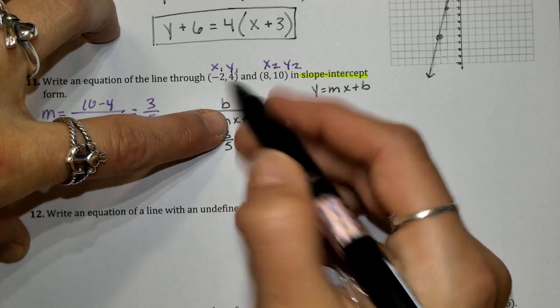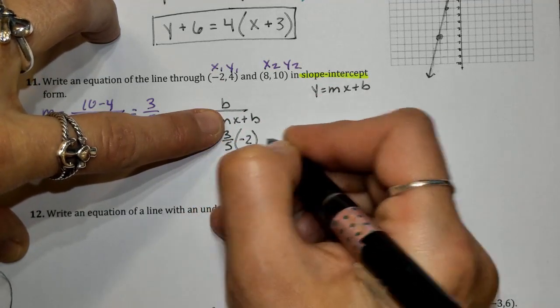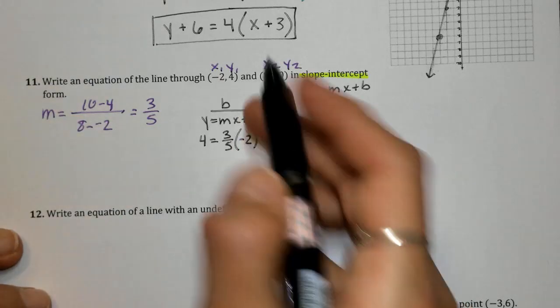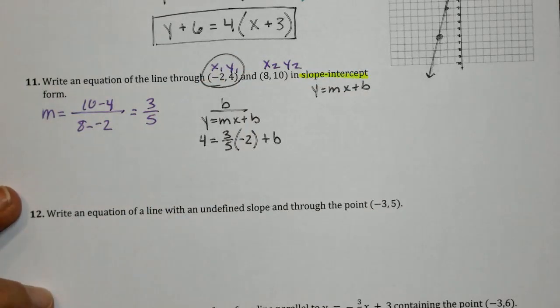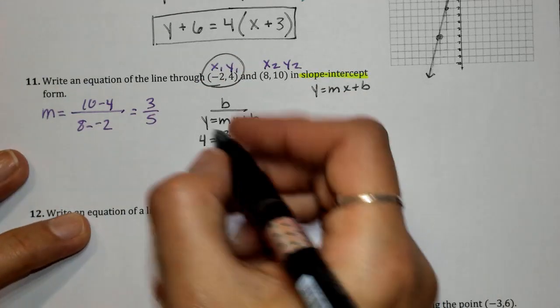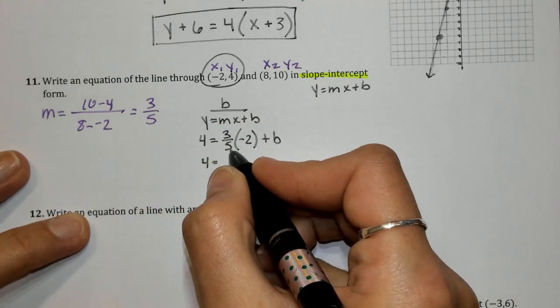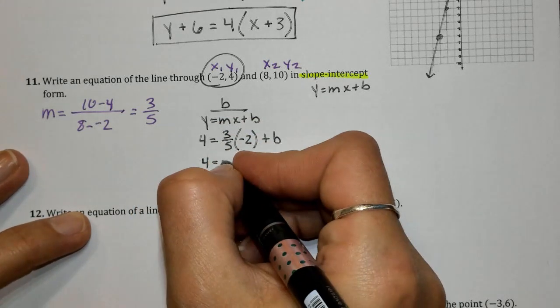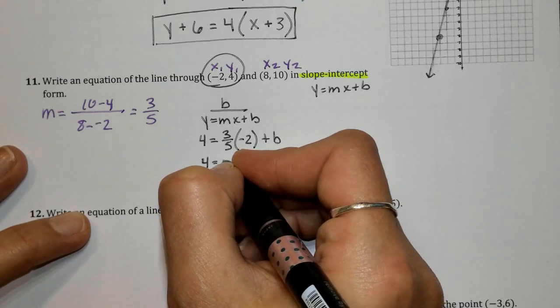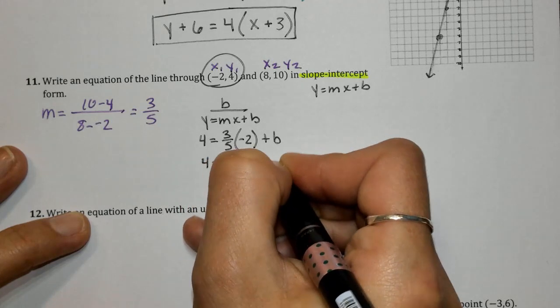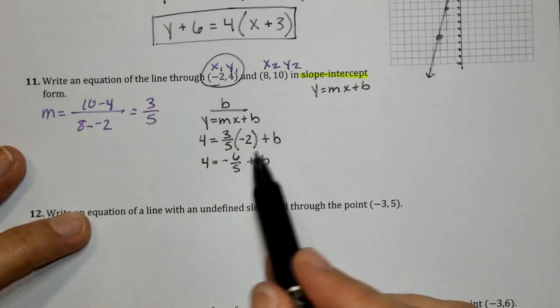Our x coordinate was -2 plus b. So we've just plugged in for y, m, and x using these coordinates right here. So we're going to go ahead and say, all right, 4 equals 3/5 times a -2 is going to wind up coming out to a -6/5 plus b. Okay, we're just multiplying those two.